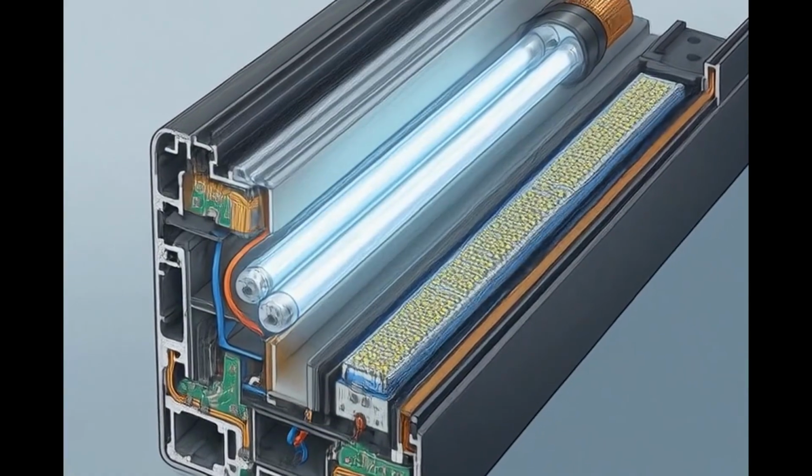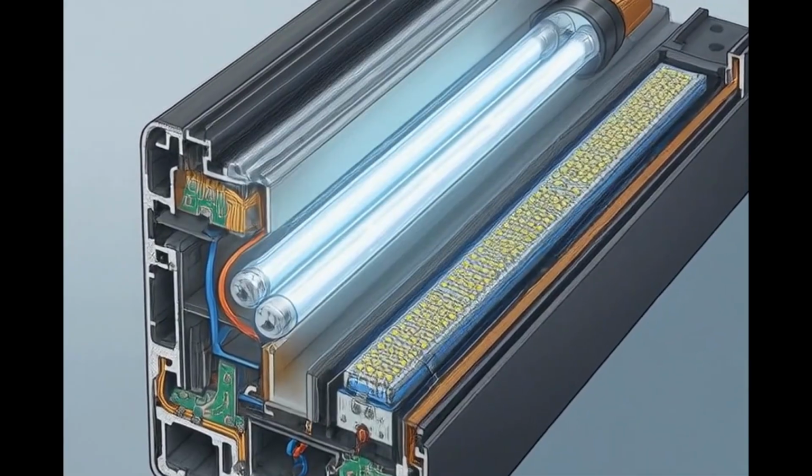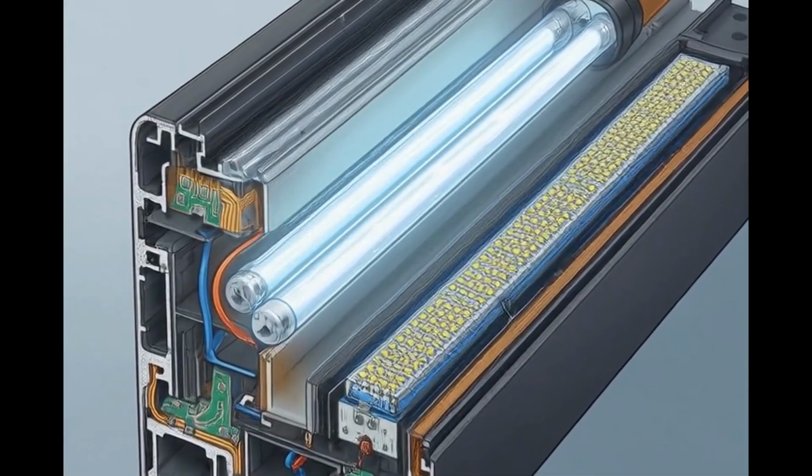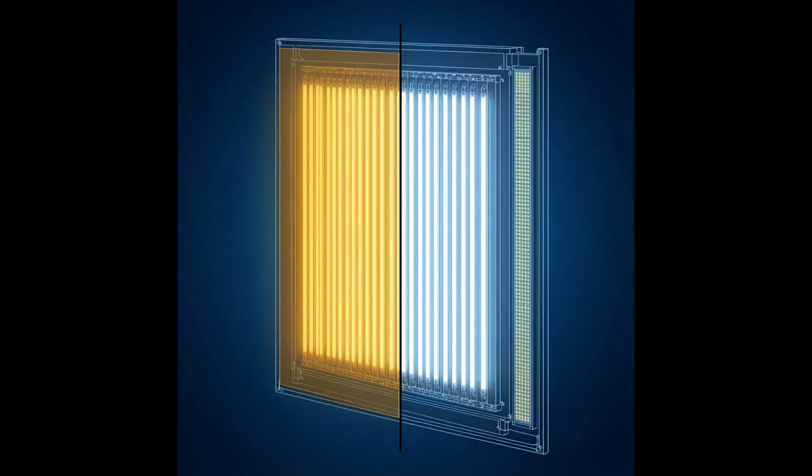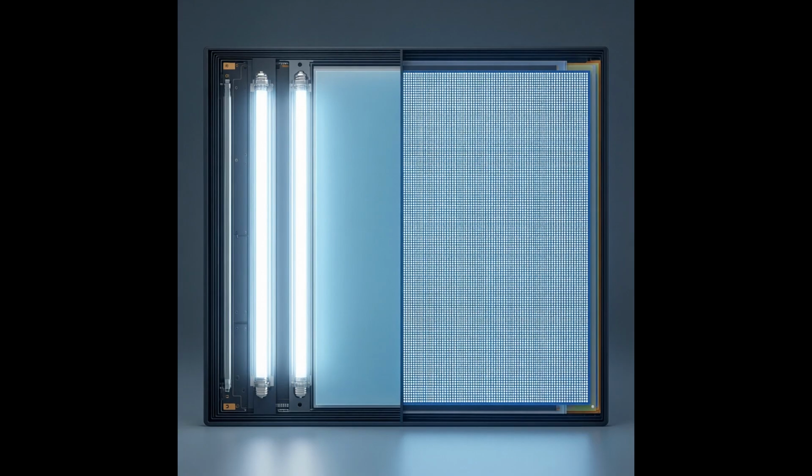This architectural change enables edge-lit configurations that reduce thickness significantly compared to direct-lit setups, where hundreds of individual diodes illuminate the entire screen area uniformly. While both technologies serve the same purpose of providing uniform illumination for liquid crystals, the LED approach offers superior energy efficiency and eliminates mercury content entirely.